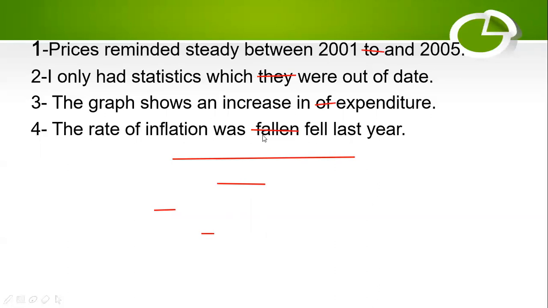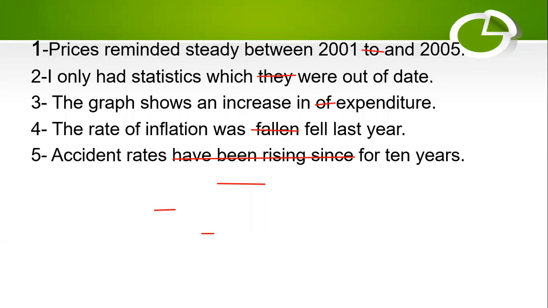And if we use fallen, after fallen must come a correct preposition. But as you see in this sentence, there is no preposition, so we cannot use fallen. So it's fell. Next one. Accident rates.